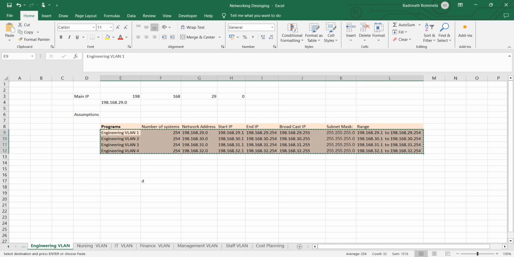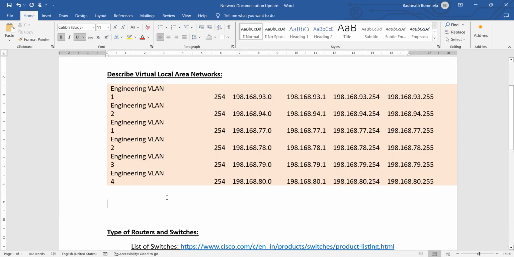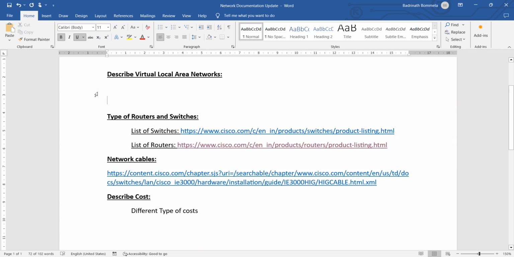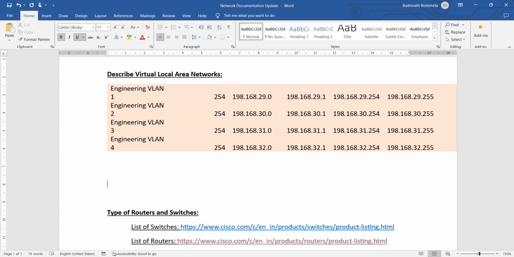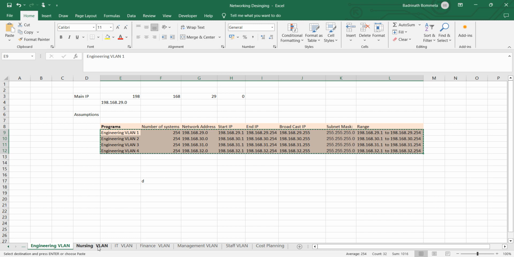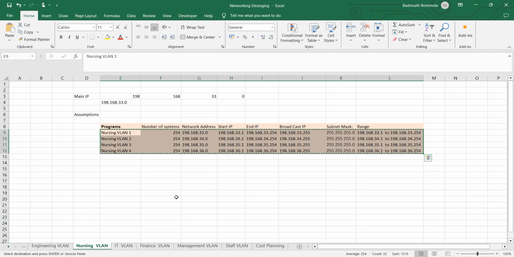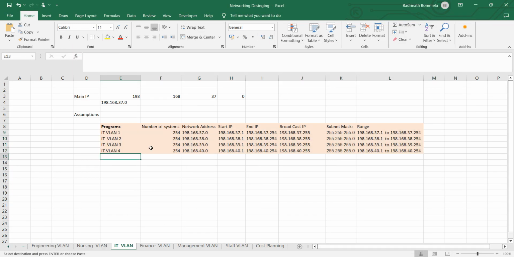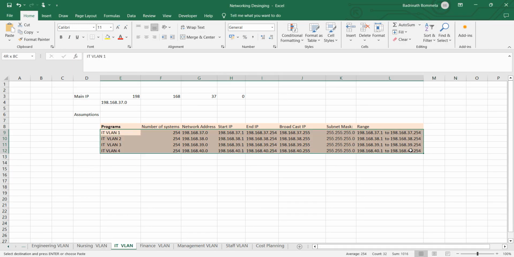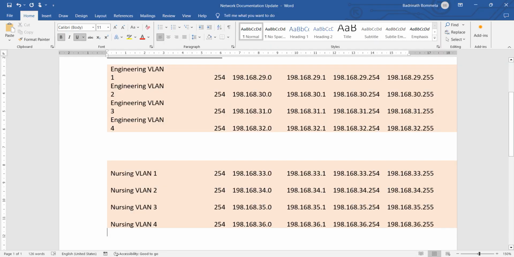Just copy this and first paste them all into your VLAN section. Next, go to the next thing. Just copy it. Make sure it won't get changed. If it gets changed, you are supposed to copy all six VLANs again.